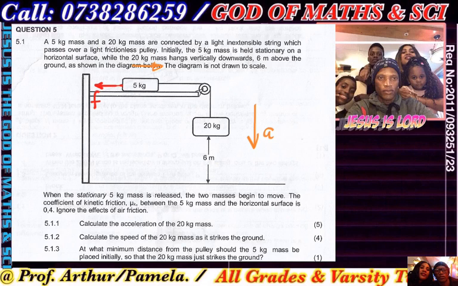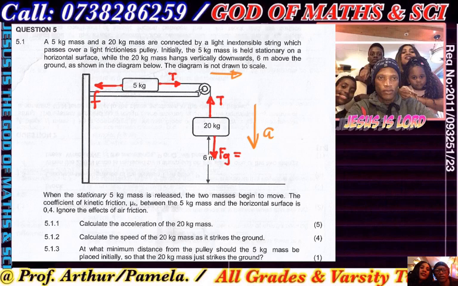Everybody agrees with that. So now there is a tension on that string that's pulling, and there is a tension on this one upwards, and on this one here there is a force of gravity pulling down.